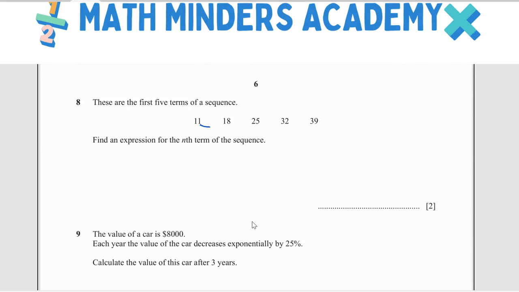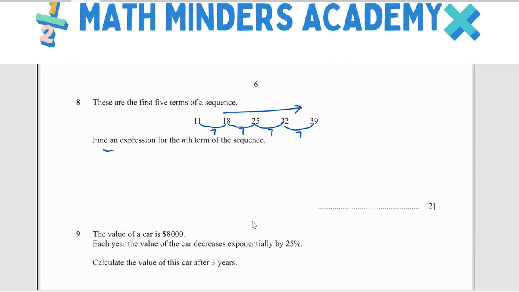The difference between 18 and 11 is 7. The difference between 18 and 25 is 7. And you discover that this sequence is increasing, so the common difference is plus 7.